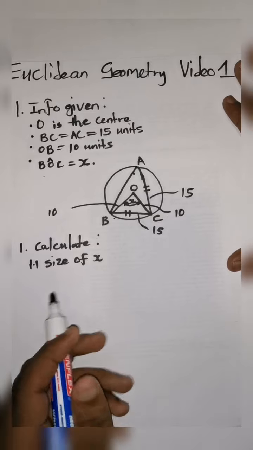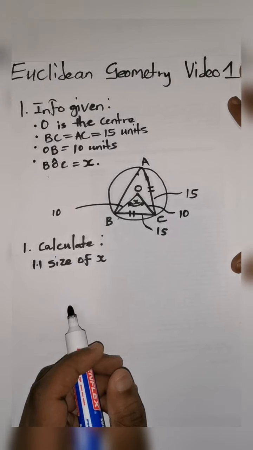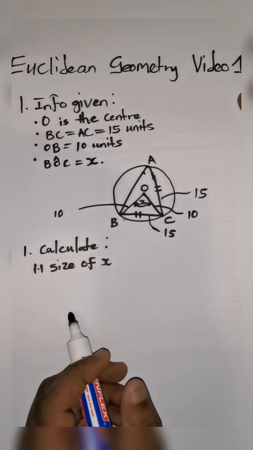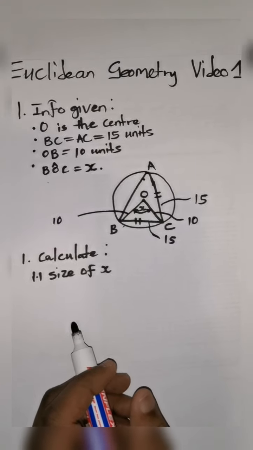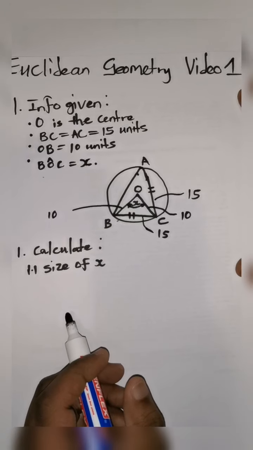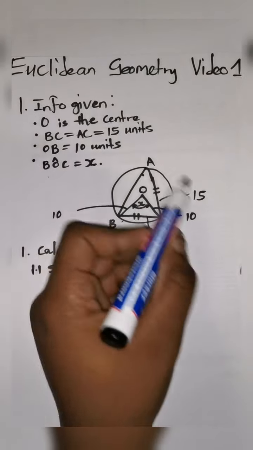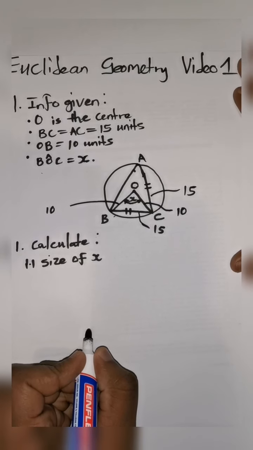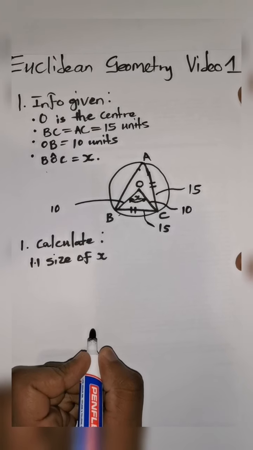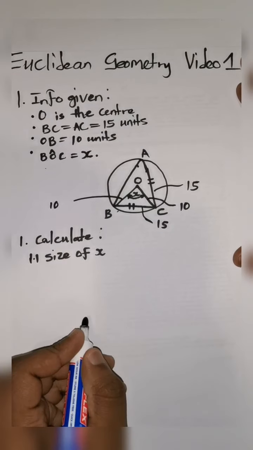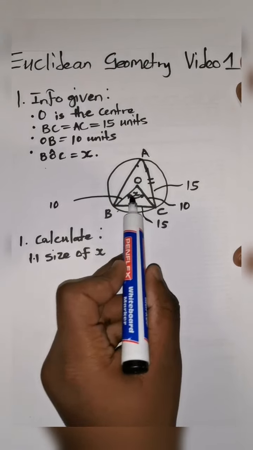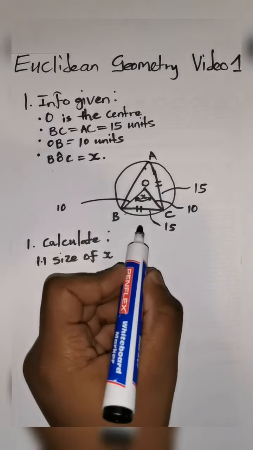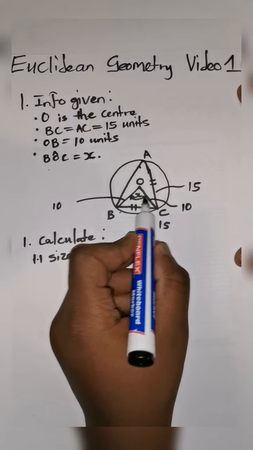Sometimes the challenge is to figure out what steps you're going to take to solve the question, so you should have all the information drawn out and try to think of a possible solution. From looking at this diagram, we have units for two lengths, and we're also asked to calculate an angle.